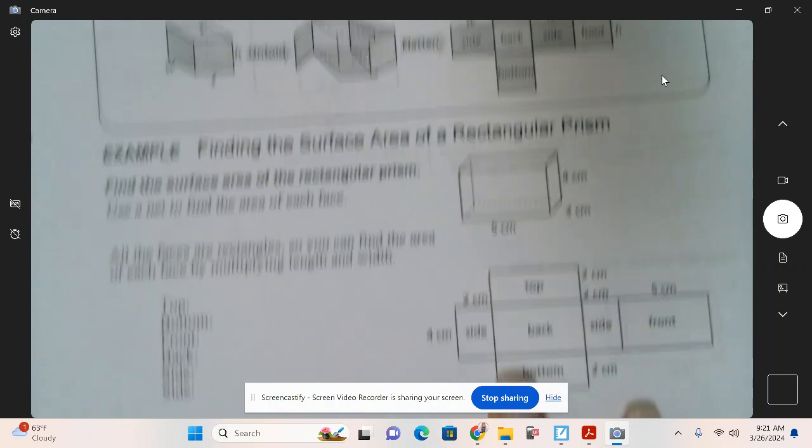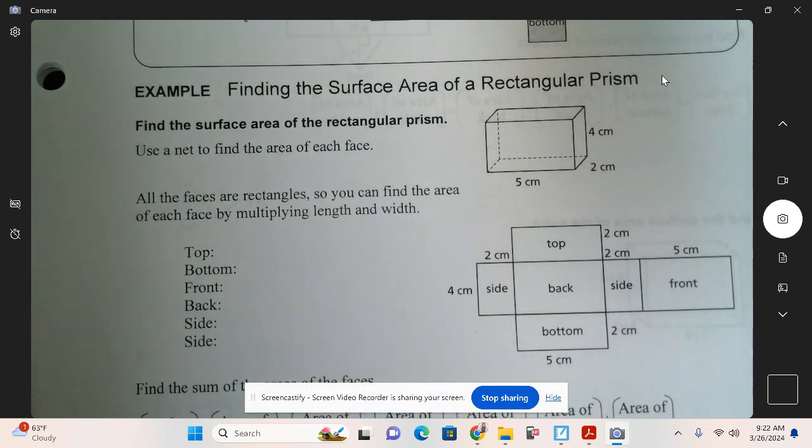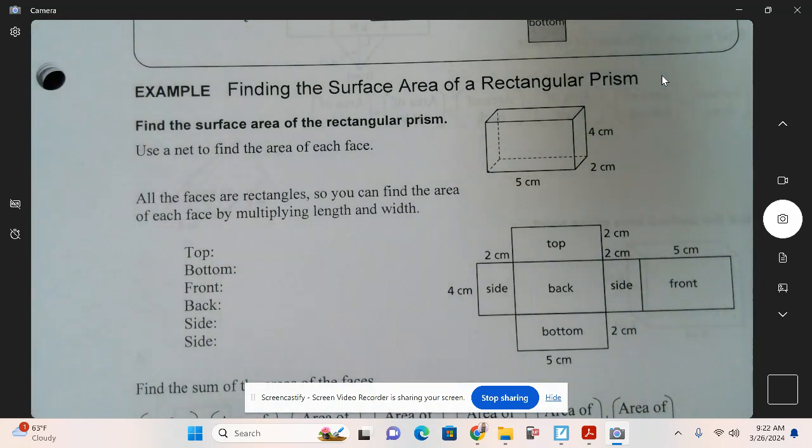All right, so a rectangular prism is going to have a top, bottom, front, back, side, side. The beauty about this is if we know a couple of these, then we don't have to know anything else. So pink, green, yellow, orange highlighters.